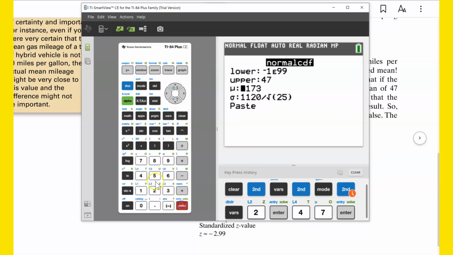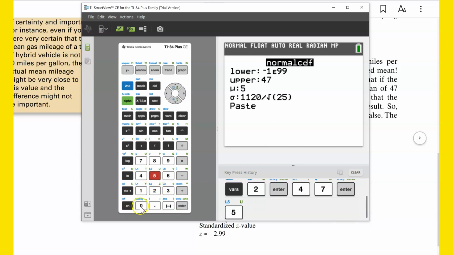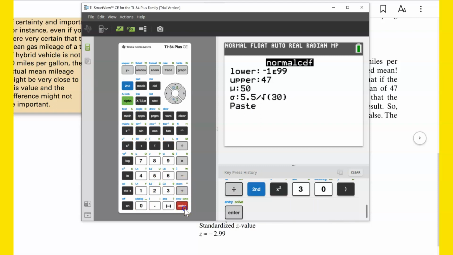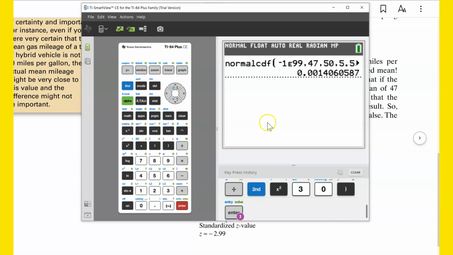The mean is what they claim, which is 50. The standard deviation is the standard deviation of my sample, which is 5.5, divided by the square root of the sample size, which in this case was 30. And then you click paste, and we find out it's 0.0014.